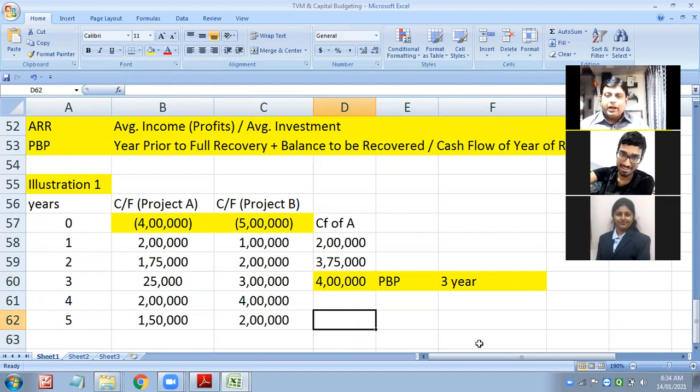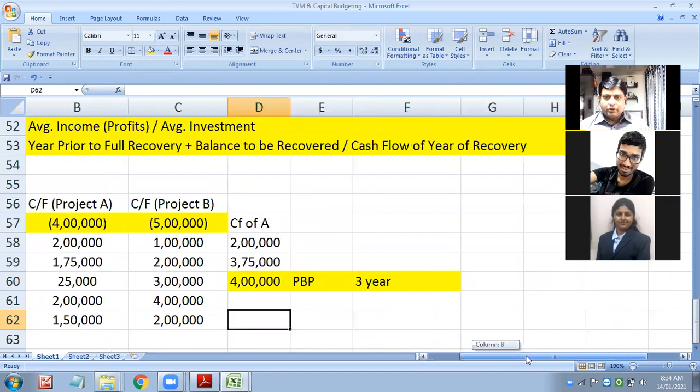Now if I apply the same logic to project B, just see what is going to happen.